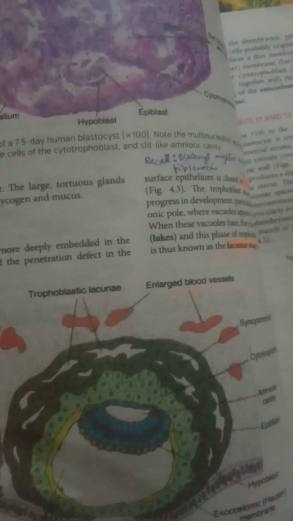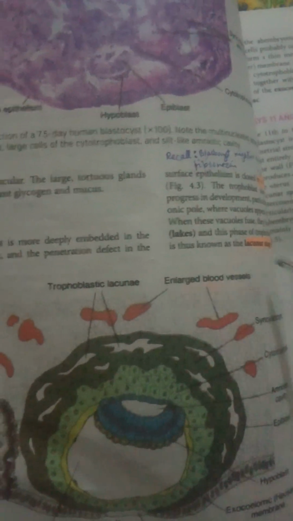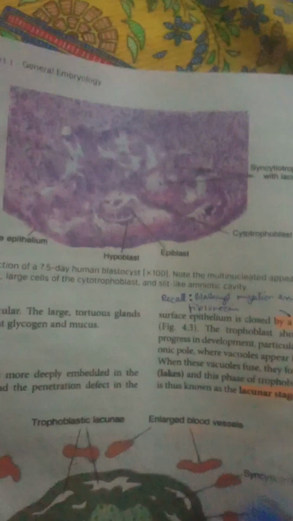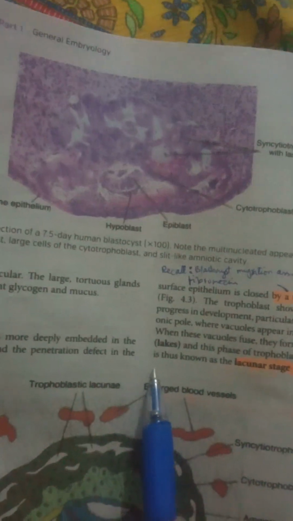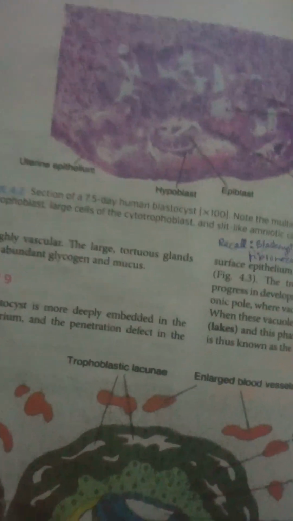Now recall that vacuoles are storage bodies, right? I don't know its pronunciation exactly, but I'm calling it lacuna. Lacunae become a part of the placenta in future, and they are filled with blood.